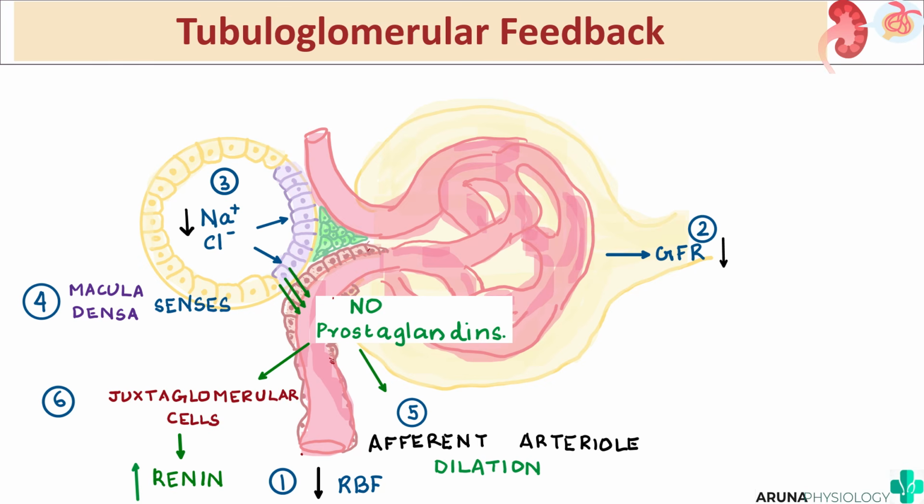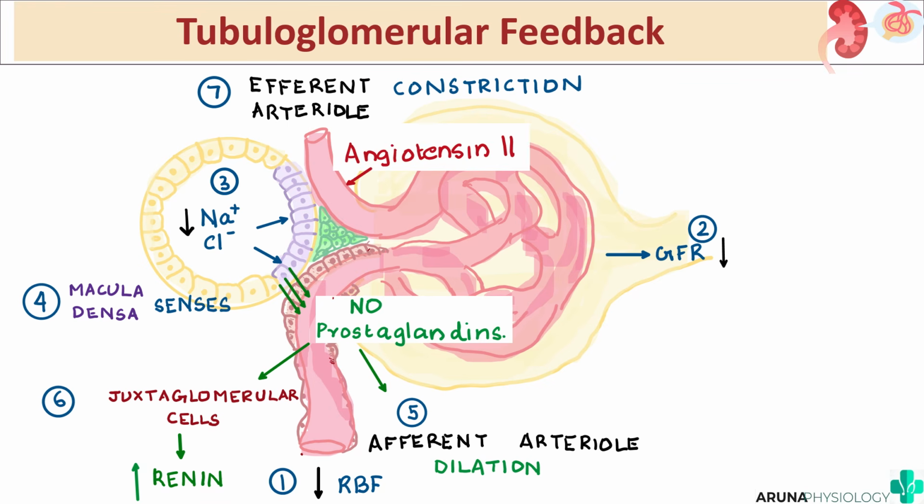What will happen if renin is released? It's a part of the renin angiotensin aldosterone system. So there will be increased angiotensin 2, and this angiotensin 2 will act on the efferent arteriole to cause constriction. What will happen if there is afferent arteriolar relaxation and efferent arteriolar constriction? That is going to increase the GFR.